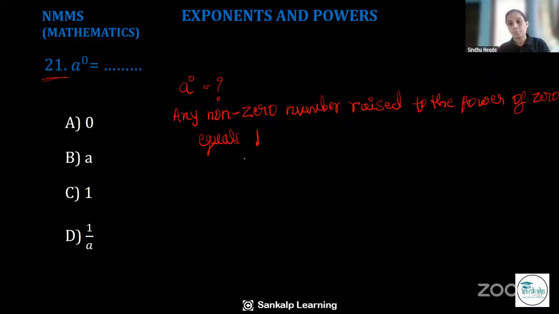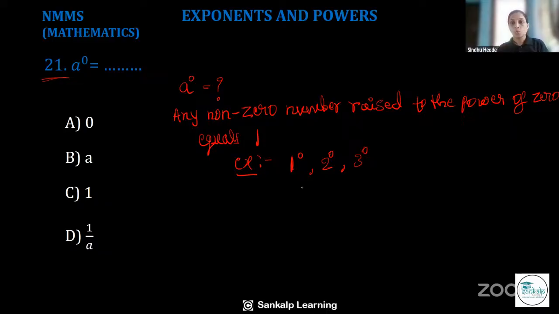So for example, 1 raised to 0, or 2 raised to 0, 3 raised to 0. You can take any non-zero number, and when its power is 0, all these numbers are equal to 1.